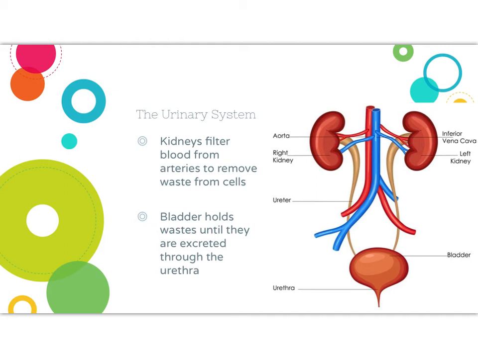Our kidney filters and the wastes go down the ureter into the bladder, which holds our liquid waste until we go to the bathroom through our urethra, and it'll return our filtered blood through a vein.